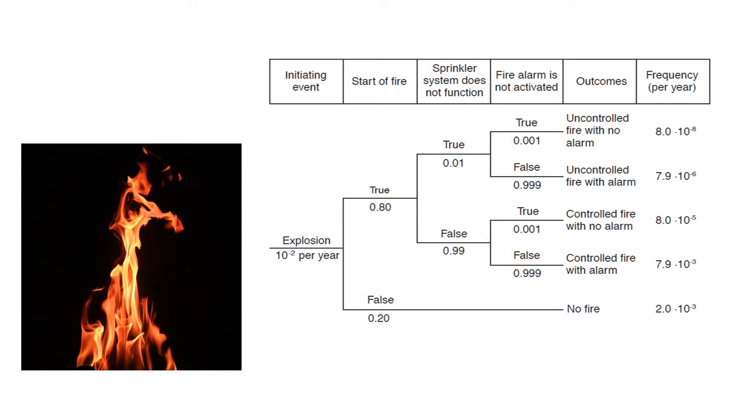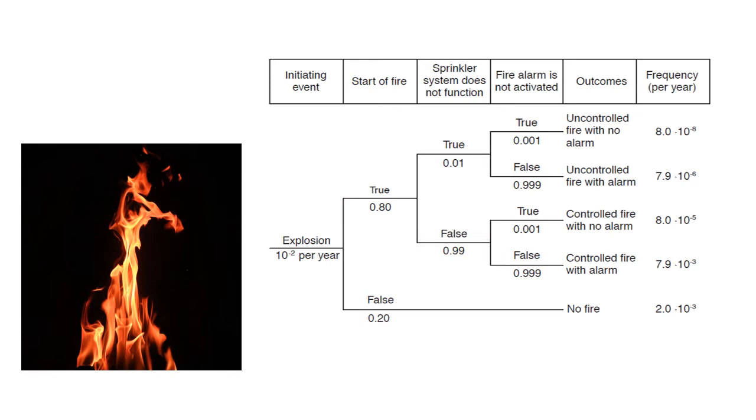If the explosion results in a fire, it further propagates to other areas or other consequences. But in the first instance, if it does not produce any fire, then there is no fire. Then if the fire starts, we need to look at whether the sprinkler system will work or not.